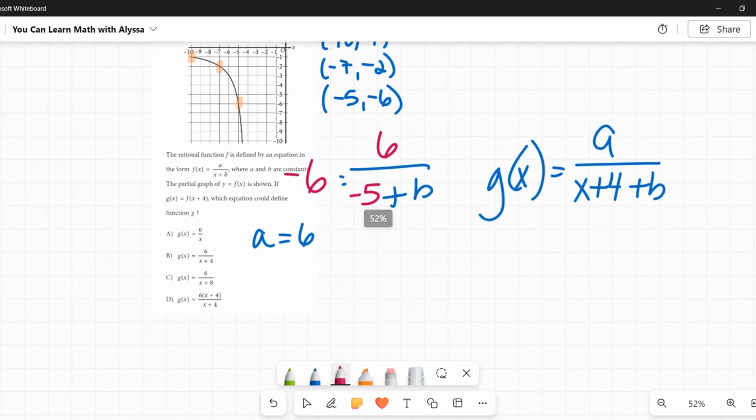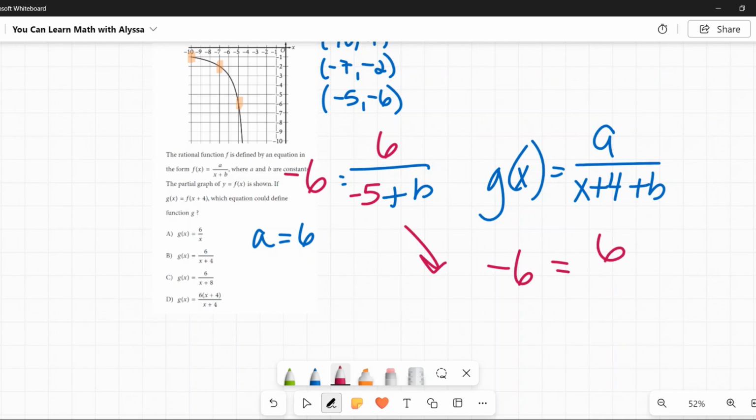And just in case you were wondering how you would do this, let me write it over here. -6 equals 6 over -5 plus b. Same sort of thing, we need to get rid of that, so we're going to multiply by -5 plus b on both sides.